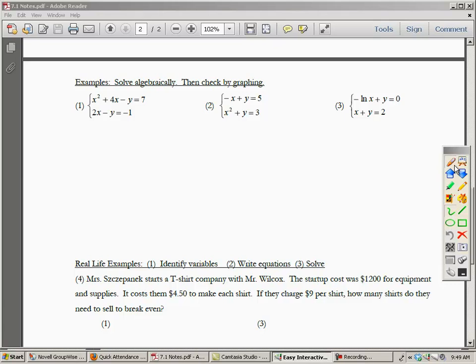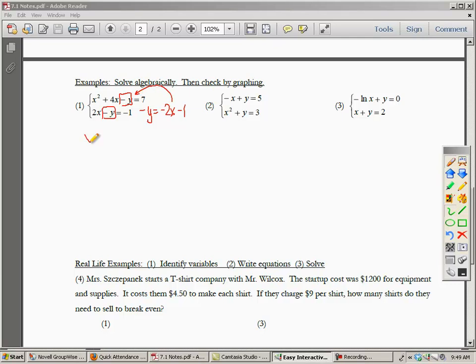Okay, at the top we want to solve one of those equations. And what I'm going to do is I don't want to mess with the x squared, so I'm going to solve this second one. But you'll notice there's a negative y here, so I'm going to solve for negative y. So negative y is negative 2x minus 1. And the only reason is it's easy enough to plug in because it's already a negative y.